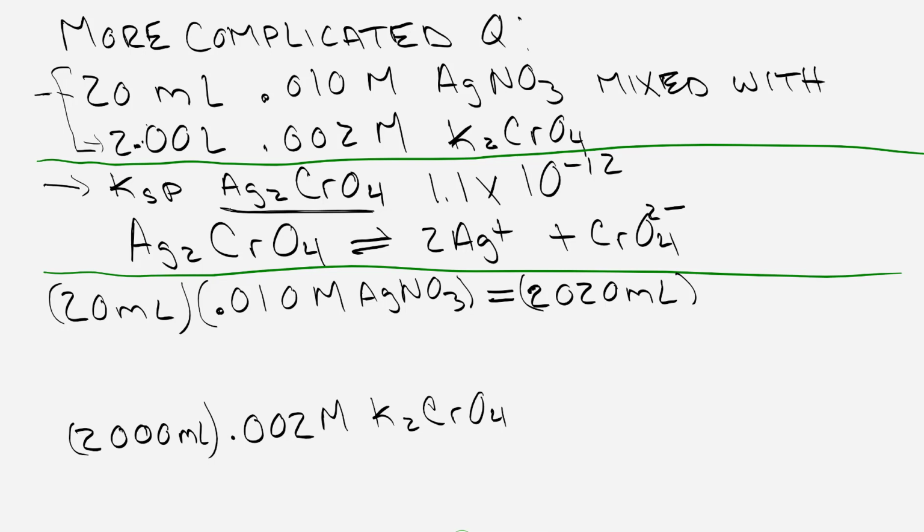And I want to know my end molarity of my silver nitrate, AgNO3. And the same here. This is going to give us our 2,020 milliliters. And I want to know what my end concentration of my potassium chromate is.